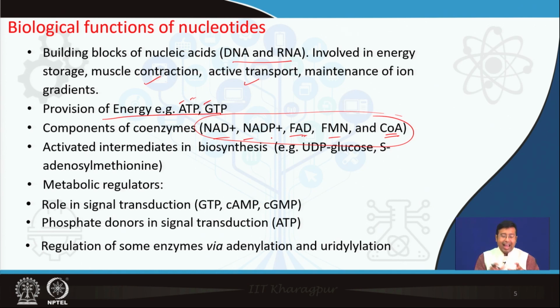Activated intermediates you have read about: UDP glucose, UDP galactose, UDP glucuronic acid, S-adenosyl methionine. Wherever these names come, nucleotides are again playing an important role. Apart from that, they are active phosphate donors in signal transduction, second messengers, a very important role, and via adenylation and uridylation, multiple enzymes are activated.